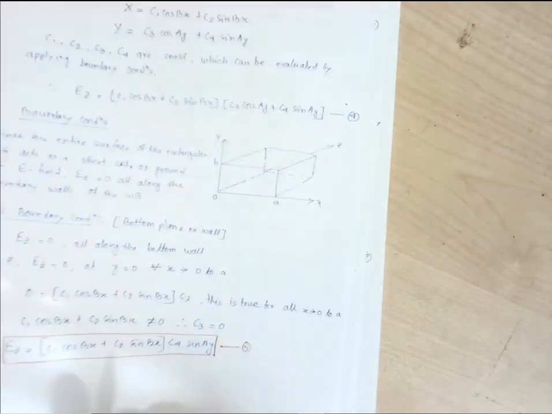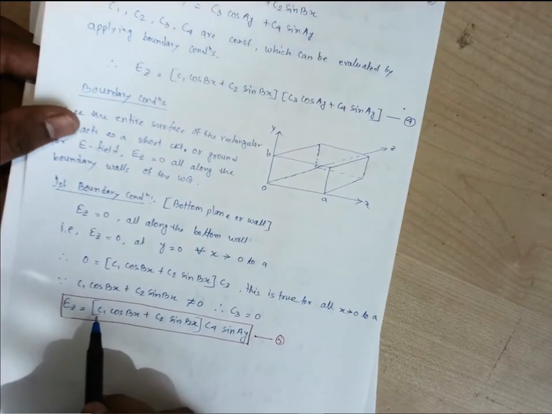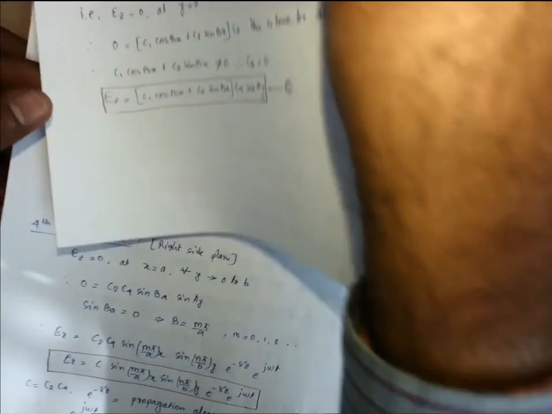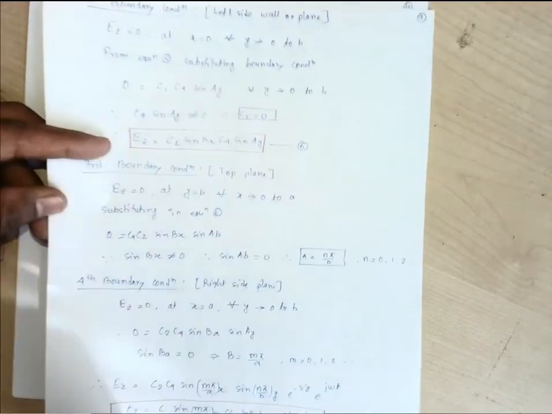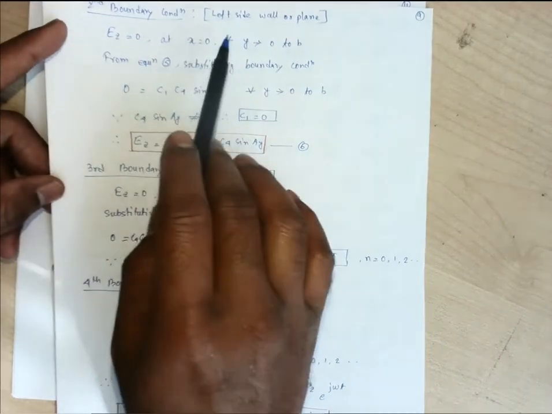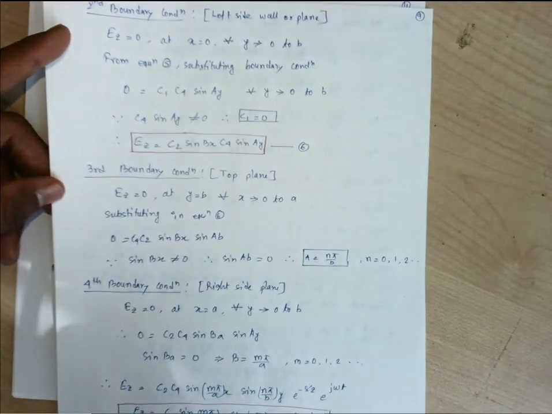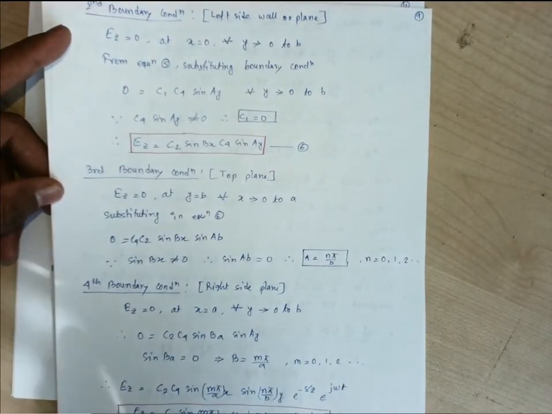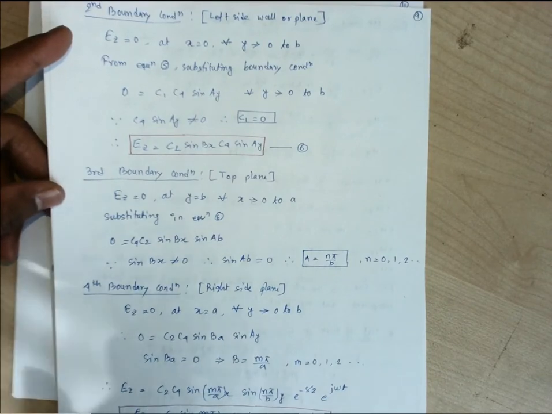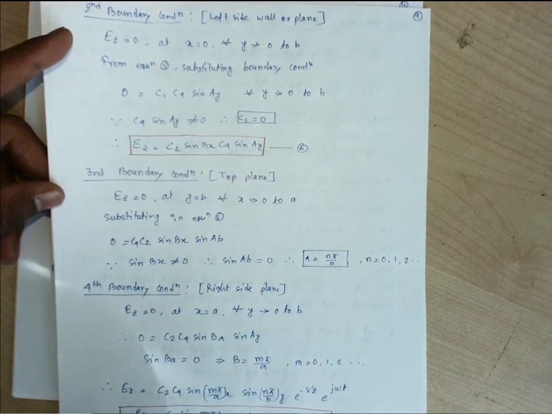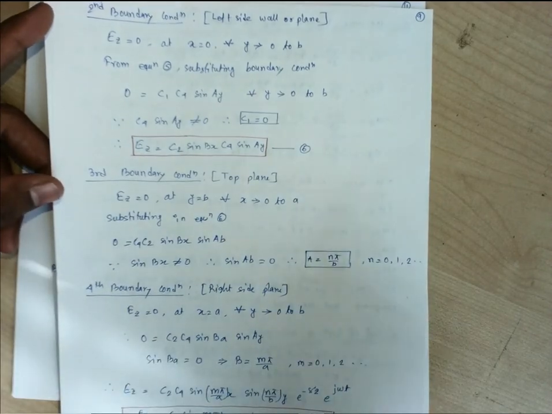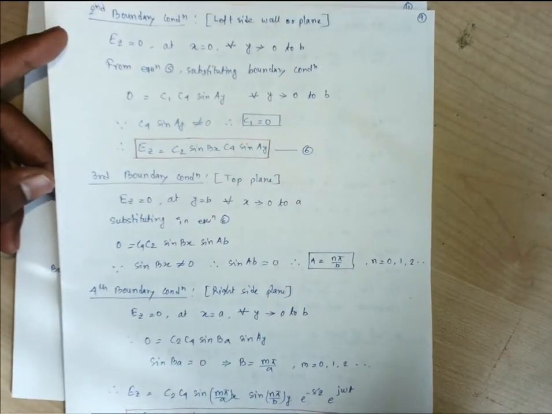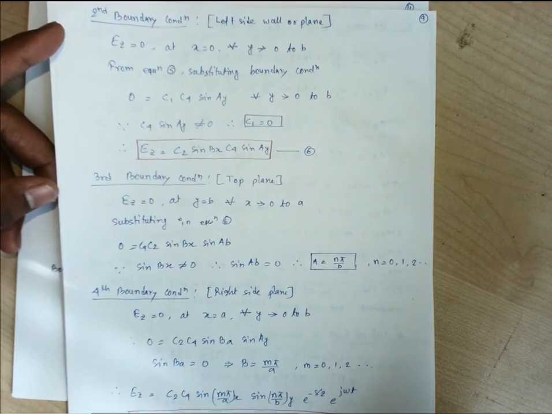This is the expression of the Ez, and we have taken this Ez as 0 depending upon the different walls: left side, top plane, right side, bottom plane, all those things we have considered. We have taken this tangential component Ez as completely 0, and after that we found all the constants C1, C2, C3, like this.